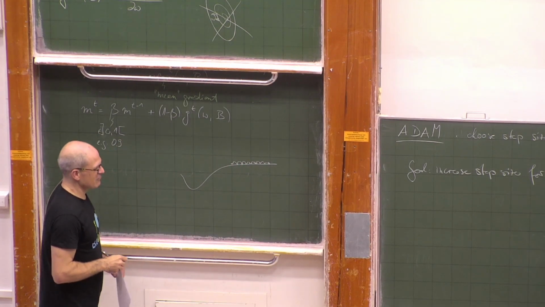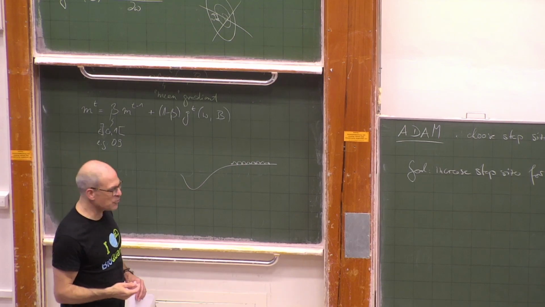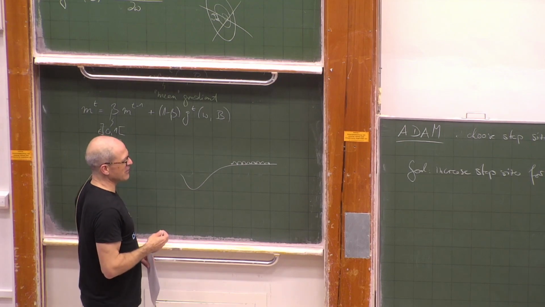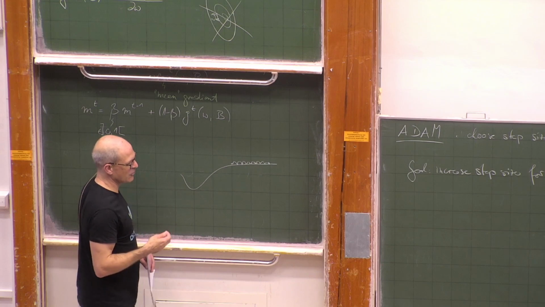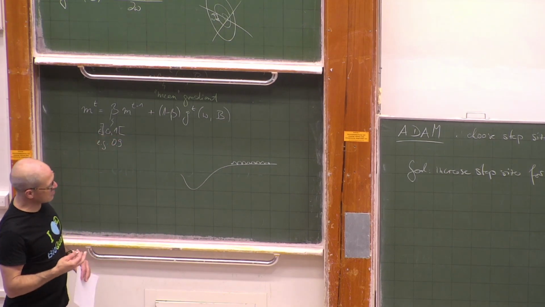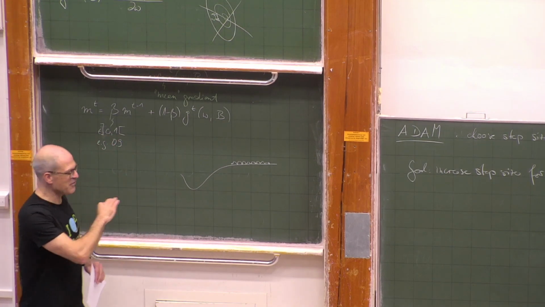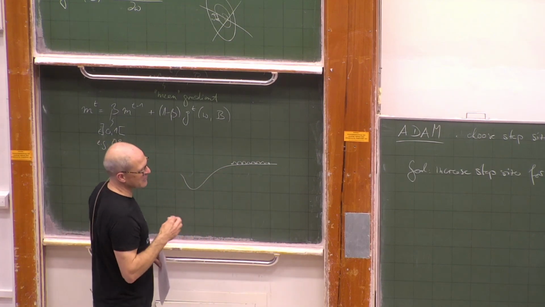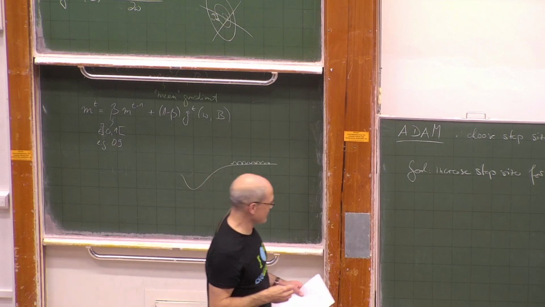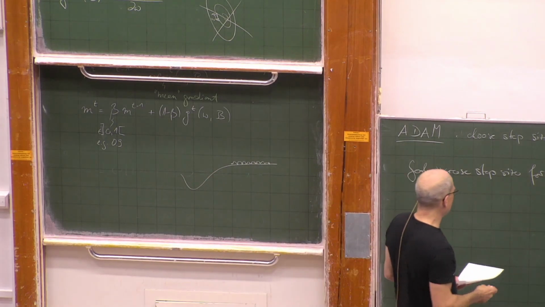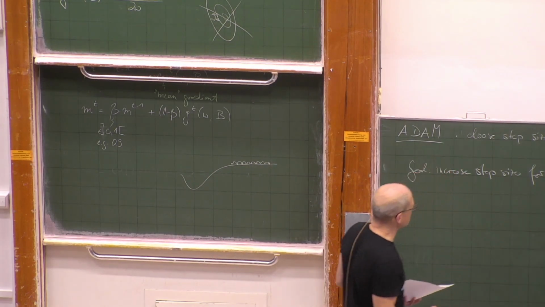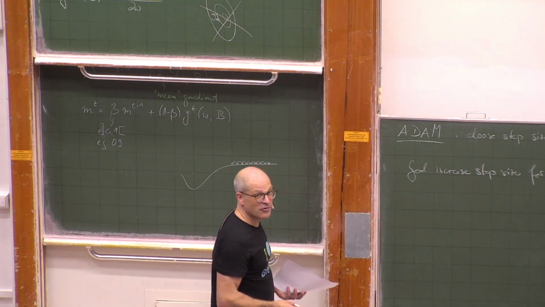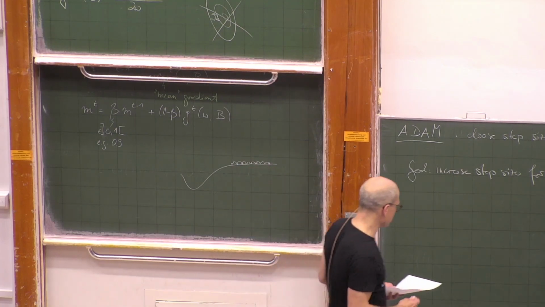And this is, of course, why we do use ReLU and a host of other tricks to try and condition the loss surface to not have these flat slopes, but it's difficult to get rid of them completely. And this is why it's interesting to increase the step size for those parameters that have a small gradient.